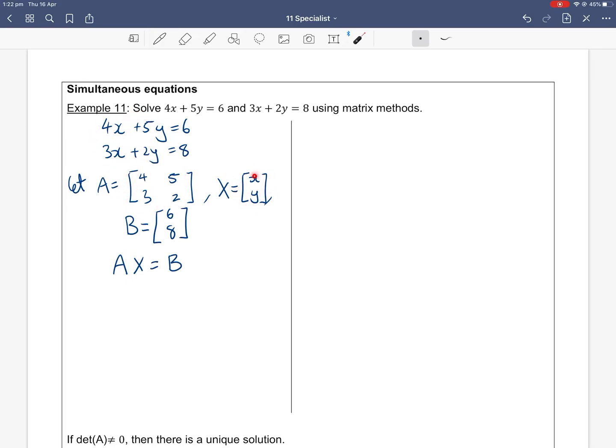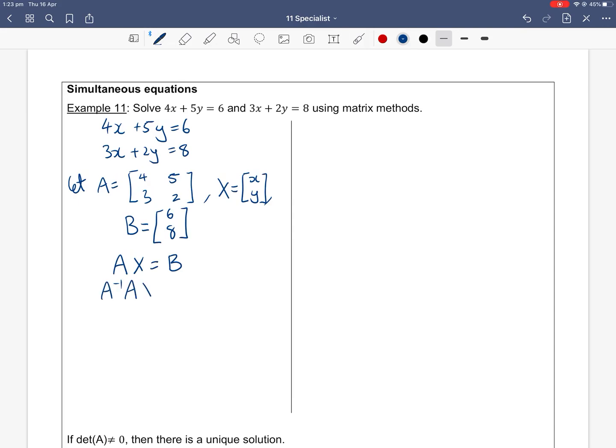So I turned my coefficients into a matrix, my variables into a column matrix, because I've got two variables, and the values the equations equal into my third column matrix. There you go. We have a matrix equation, AX equals B, and we can easily solve AX equals B using A inverse and identities, right? So let's go through the process.